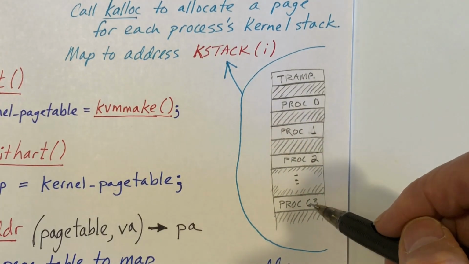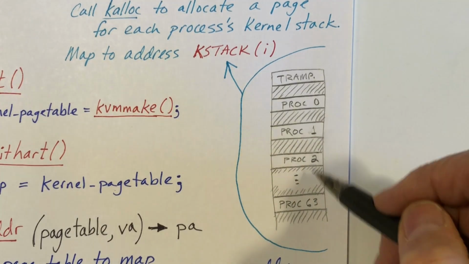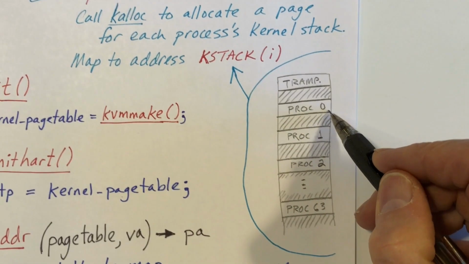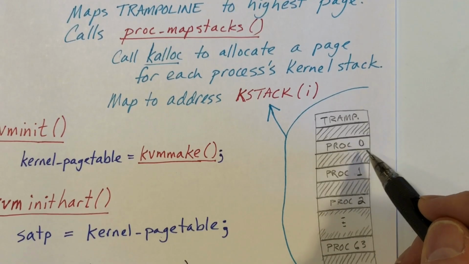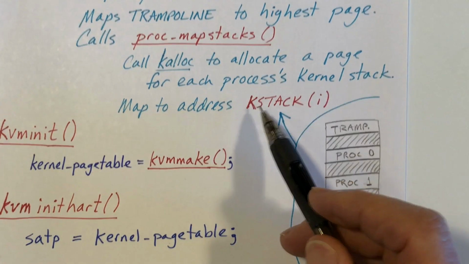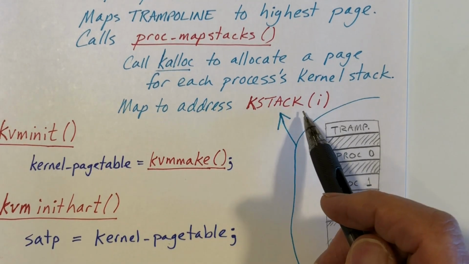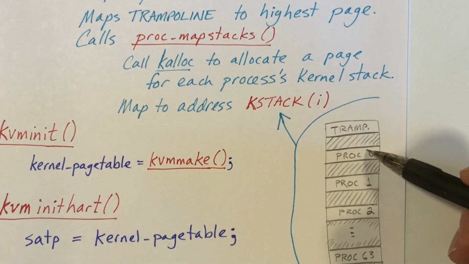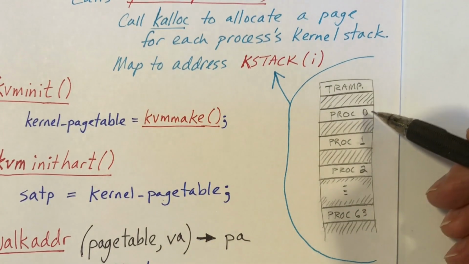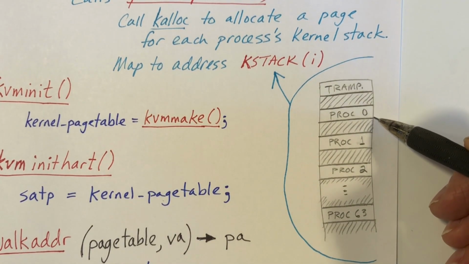So we allocate 64 pages and we add those mappings to the page table for the kernel. Recall that we've got this preprocessor macro called KSTACK, which is passed a number between 0 and 63 and returns the address of the corresponding kernel stack page.